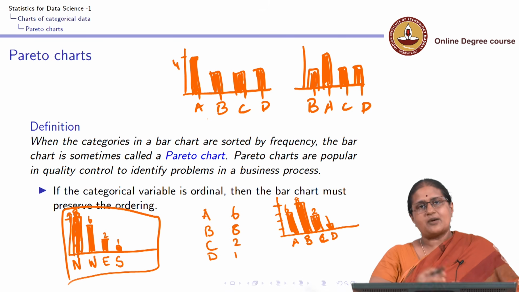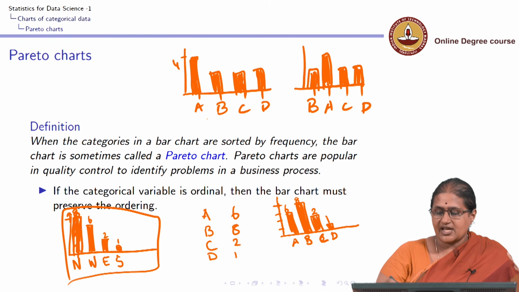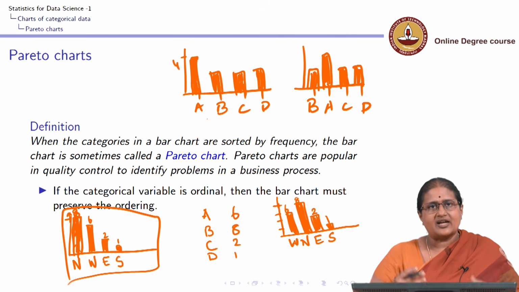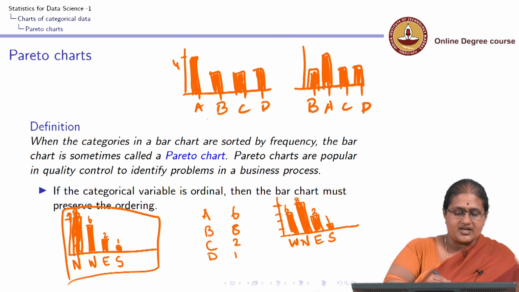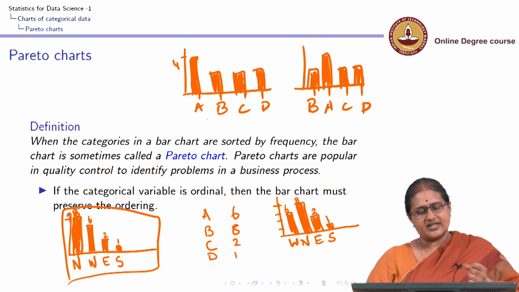So, at a snapshot I can immediately see, now this data would have been the same as this data, where this was the southern region, this was the eastern region, this was the northern region and this was the western region. Both convey the same message, whereas the Pareto chart in some sense gives me the idea at a snapshot.